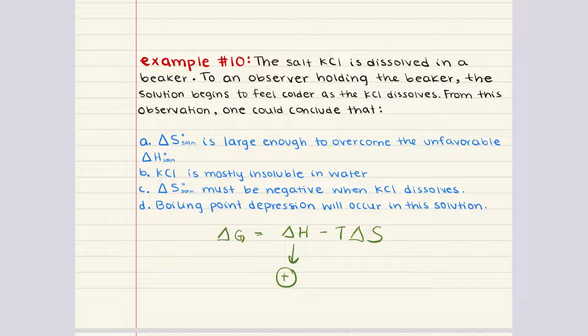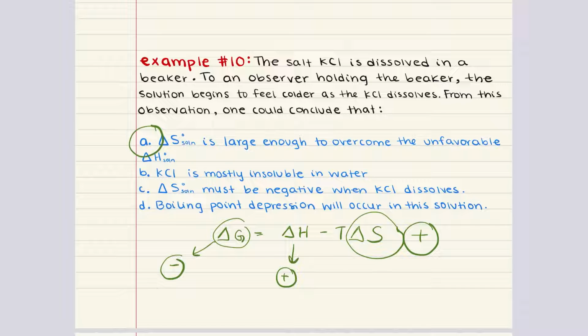Now this reaction is occurring spontaneously, so delta G is negative. The only way that a positive delta H can result in a negative delta G is if entropy, delta S, is large and positive. And that makes the correct answer choice A.